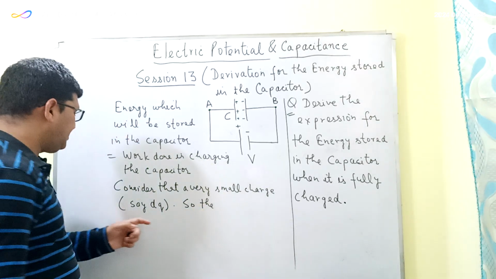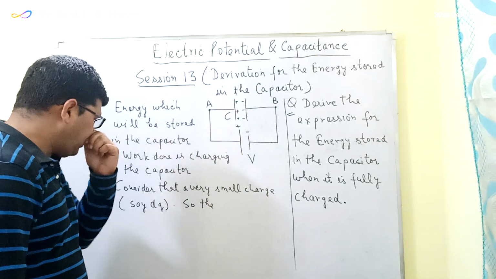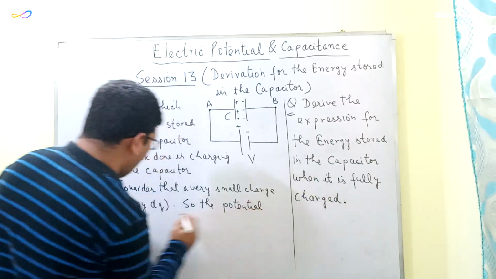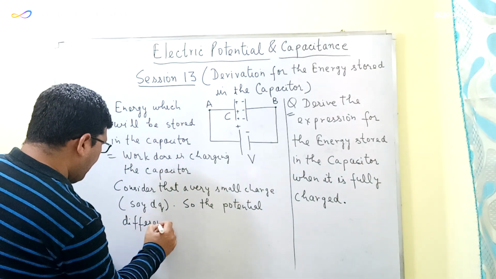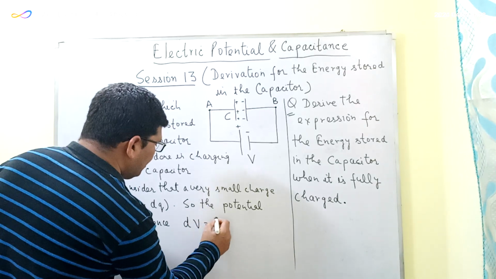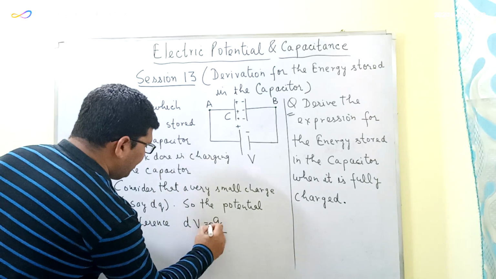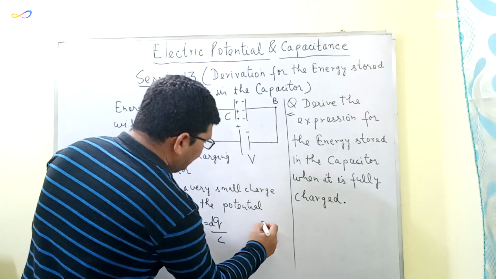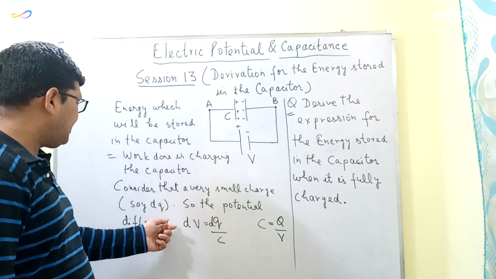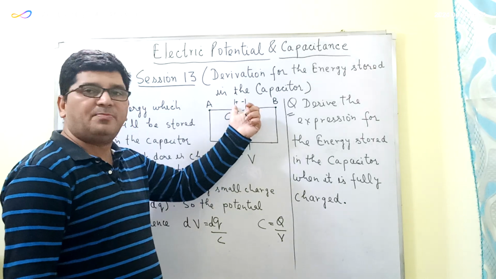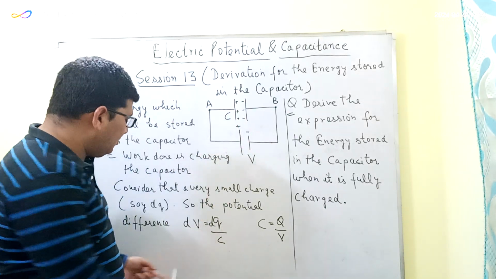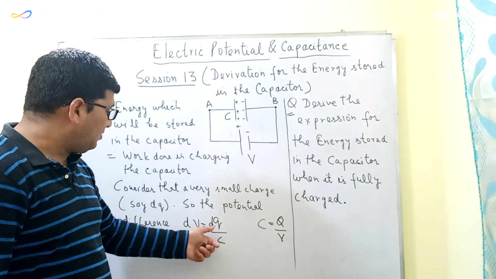If a very small charge dq is transferred on the plates of this parallel plate capacitor, then the potential difference across this capacitor, say dV, will be equal to dq upon C, because we know that the capacitance of a capacitor is equal to Q upon V. So it can be written as dV is equal to dq upon C.